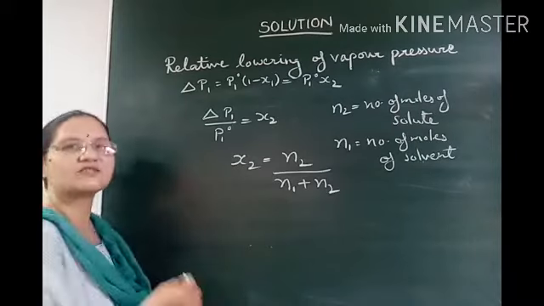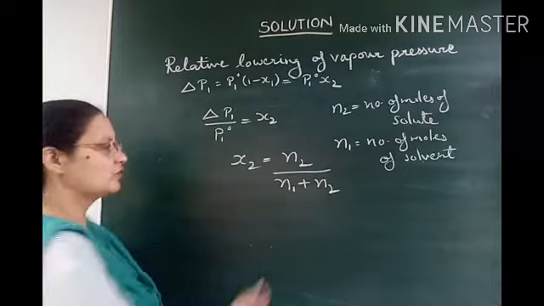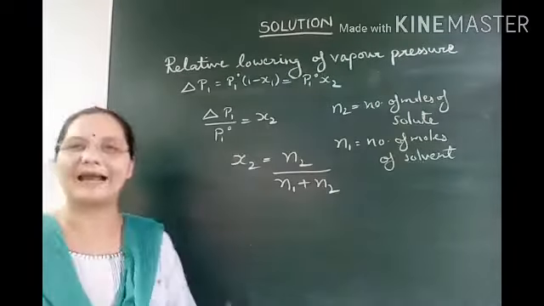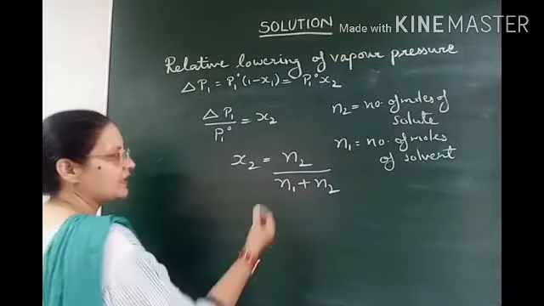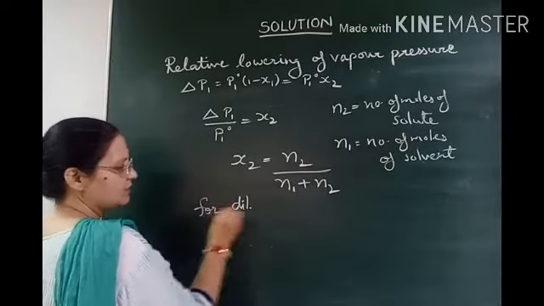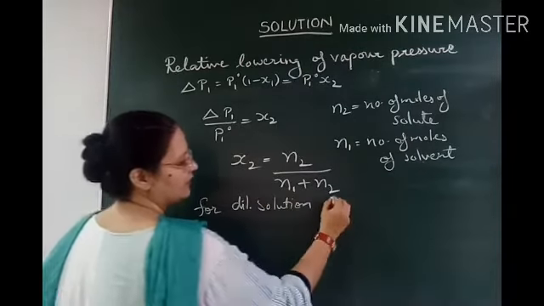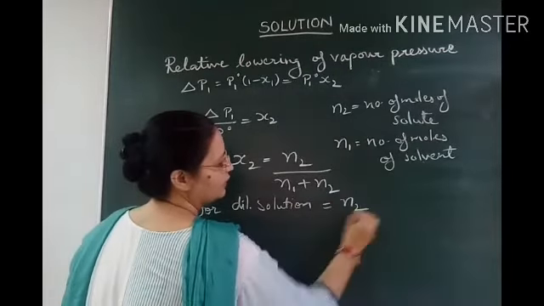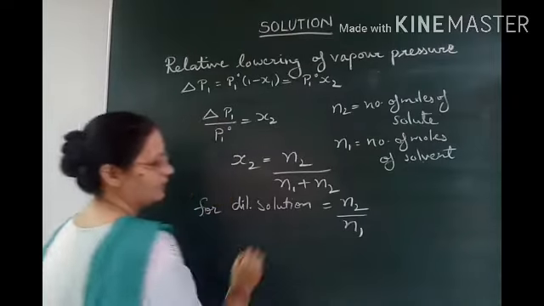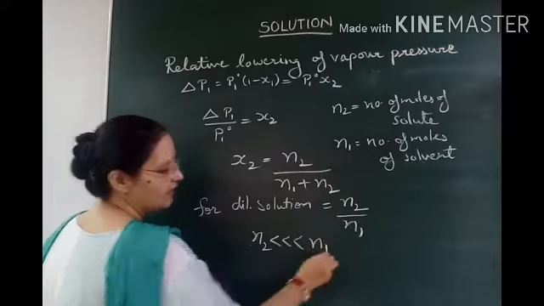If the solution is very dilute, then we can say that n2 becomes negligible, and in that case, for a dilute solution, we can say it is equal to n2 upon n1, because n2 is much less than n1.